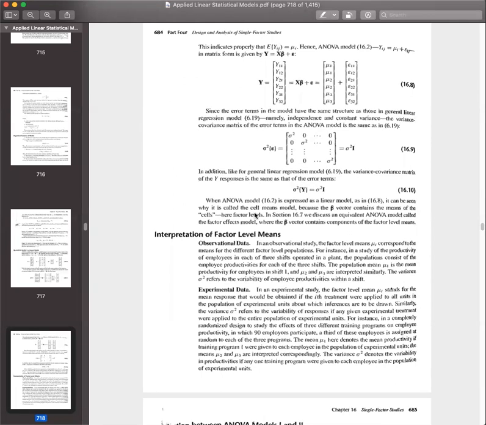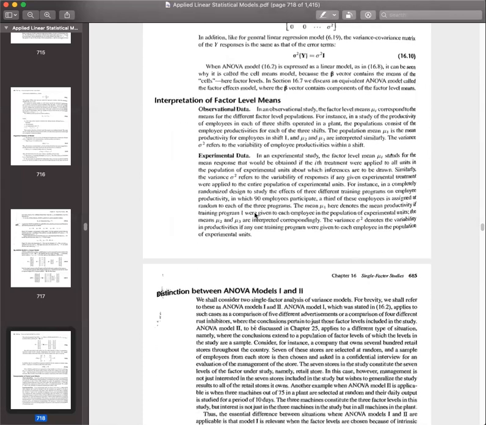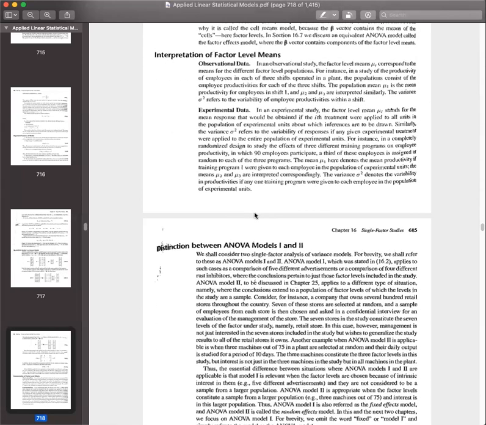Note the simple structure of the X matrix and that the beta vector consists of the means mu sub i. When an ANOVA model is expressed as a linear model, it can be seen why it is called the cell means model, because the beta vector contains the means of the cells, here factor levels. The interpretation of factor level means. Observational data: in an observational study, the factor level means mu sub i correspond to the means for the different factor level populations.